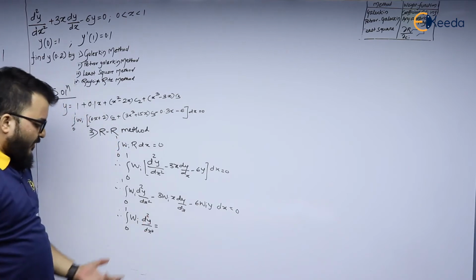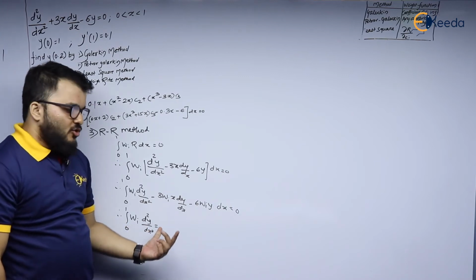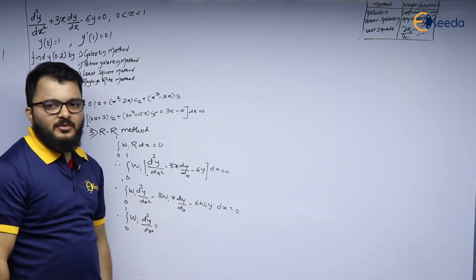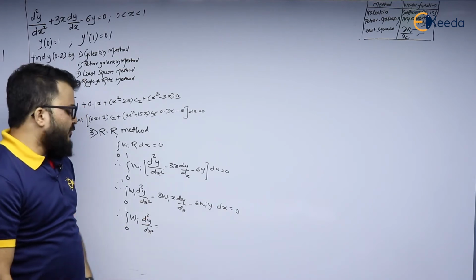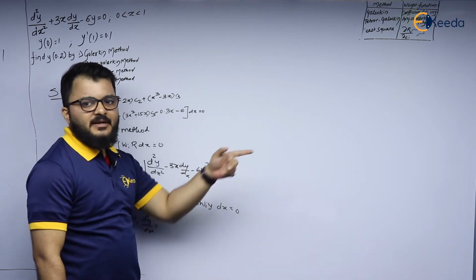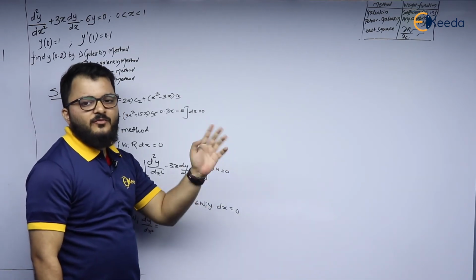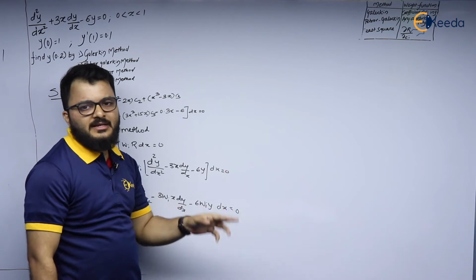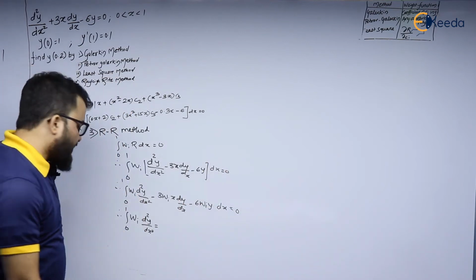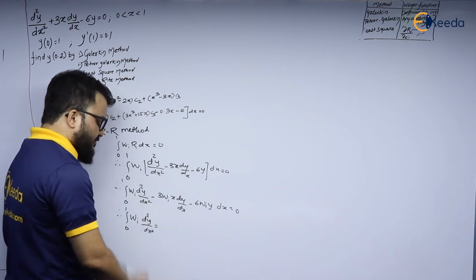To find this integration, you should use the integration by parts formula, which is nothing but the UV formula: u integral of v minus the integral of v into du by dx dx. We will use this formula on this term.